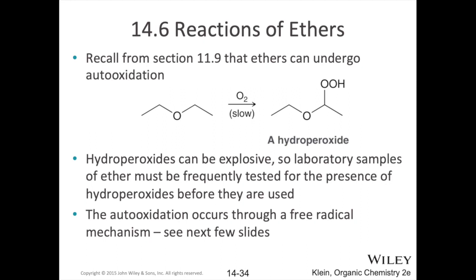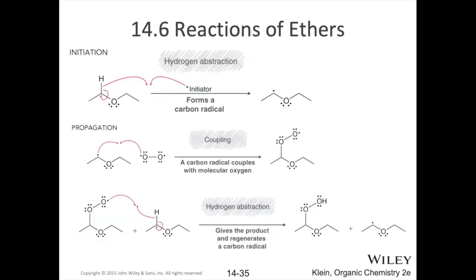So watch out for that, because the resulting hydroperoxides are very explosive. The hydrogen on that alpha carbon makes it relatively easy to insert an oxygen molecule in between there through a radical mechanism, as we saw back in chapter 11. So here's a little refresher on that.